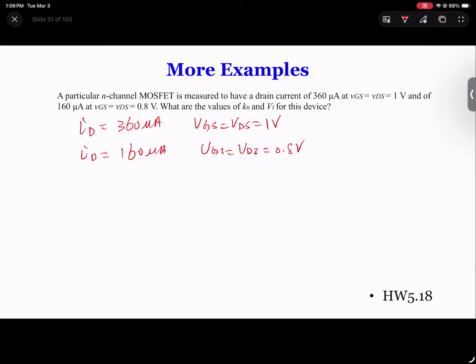This device currently is not in the cutoff mode, right? Because you have current. But we don't know whether it's in triode or saturation before we look into it. How do we know?